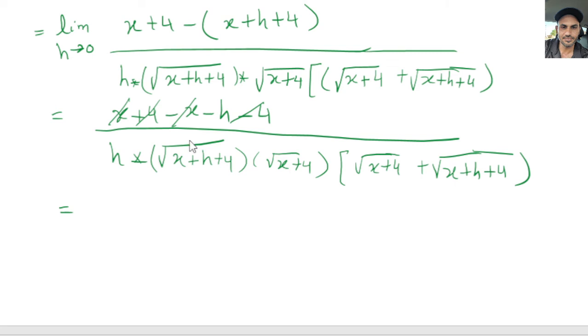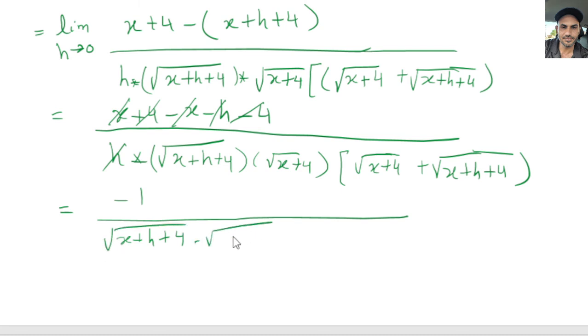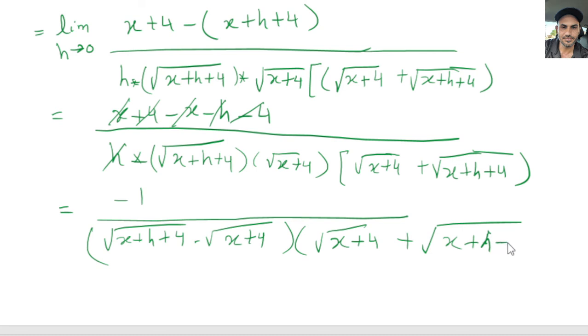So when you divide it, you're just going to be left with negative 1 on the top, and here in the denominator we're going to have just the square root of x plus h plus 4 times the square root of x plus 4, and then we have square root of x plus 4 plus square root of x plus h plus 4.